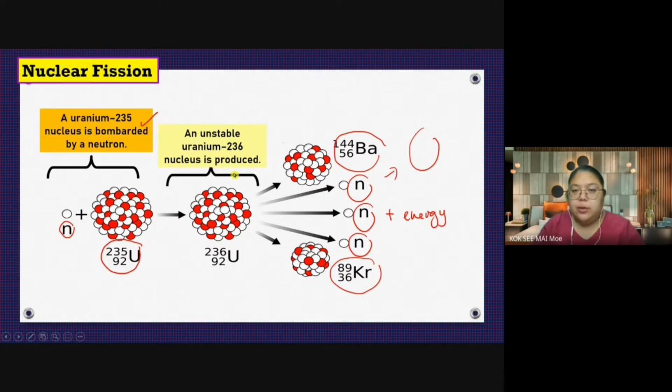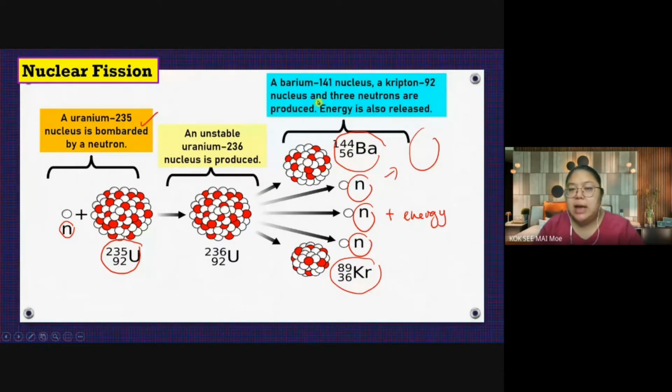Okay, produce 2 lighter nuclei, a barium and also a krypton nucleus, and also 3 neutrons are produced. So they explain for you the 2 lighter nuclei, one is barium, another one is krypton, then plus 3 neutrons are produced. And also don't forget, energy is also released. So this one is the whole process of nuclear fission.